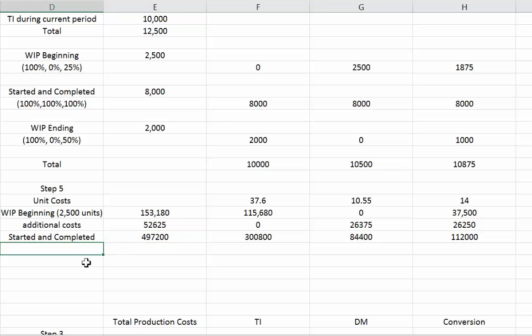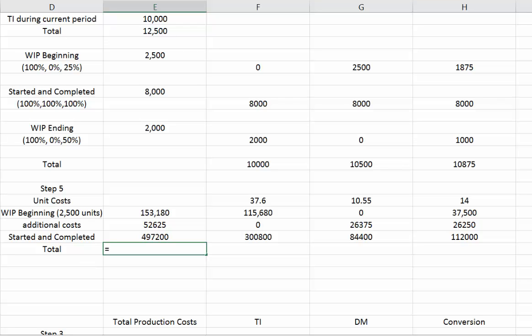So now I can report the total cost carried by these 10,500 units that are completed and transferred out. I can report this amount because these costs will be carried forward to the finished goods inventory. Because these 10,500 units will be completed and transferred out, they carry all these costs.